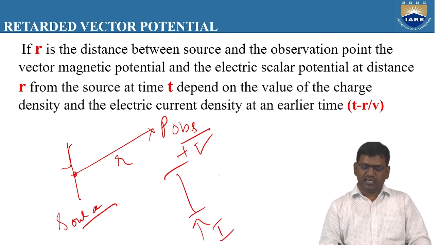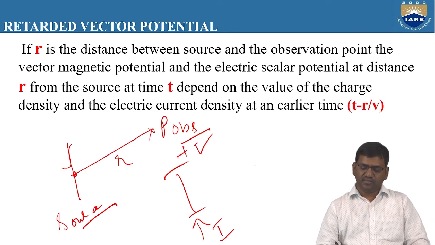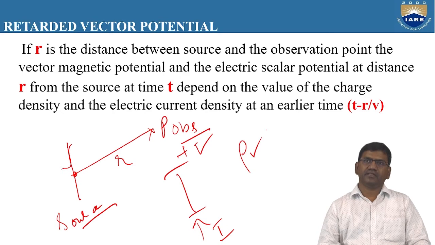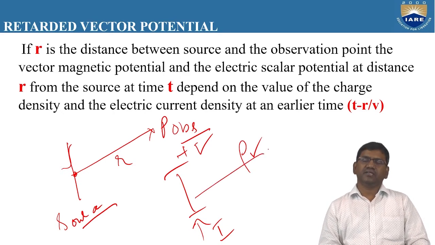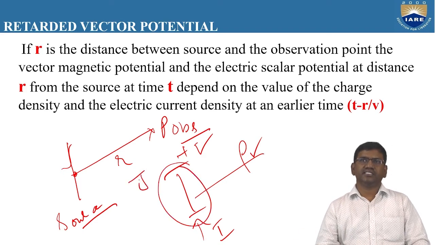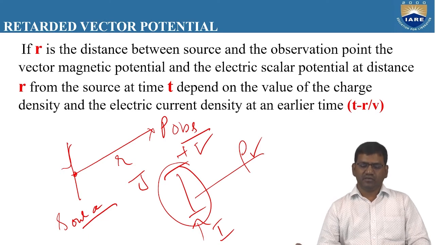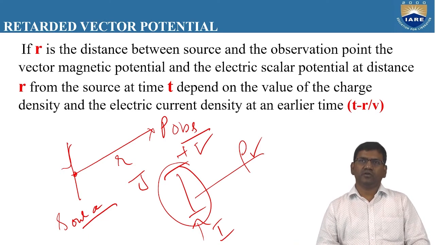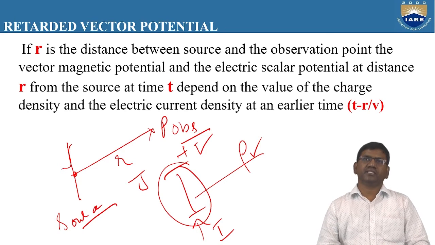Due to the flow of charge, there will be some charge density. As we apply the current to the input terminals of the conductor, there will also be some current density J. So we need to take both parameters into consideration.